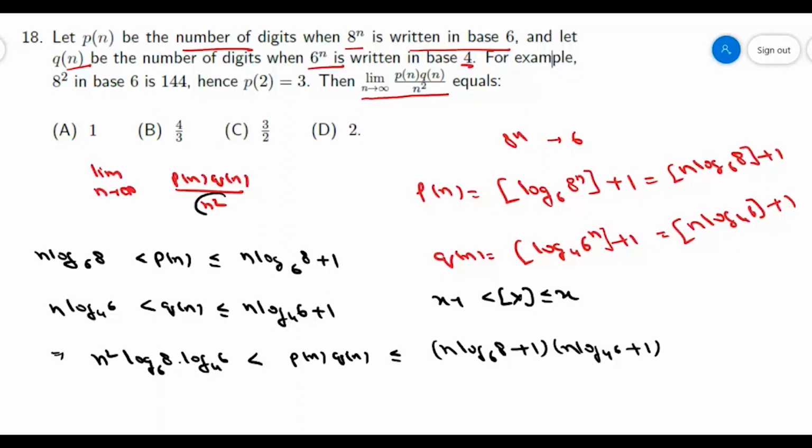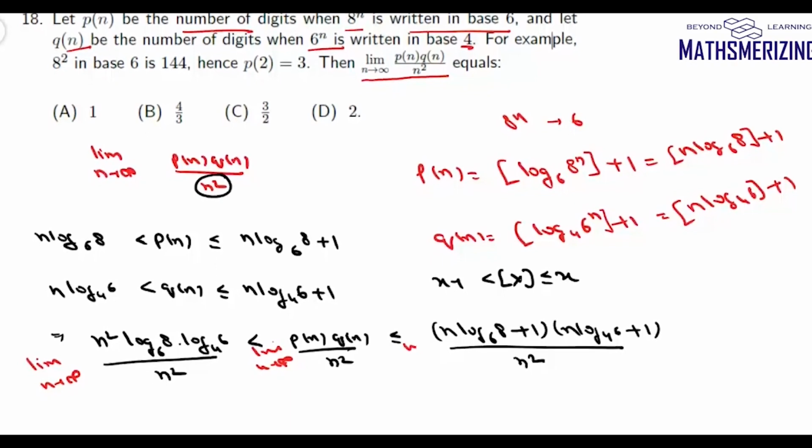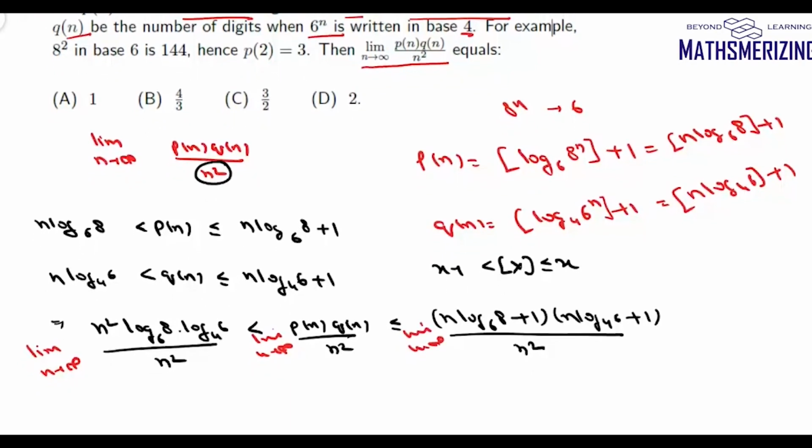So now I'll need to find this limit. So I'll need to divide it with n square. So I'll also divide it with n square, and I'll take this limit n tends to infinity. Now since it is an infinite limit, the highest power of n in the numerator and denominator is 2.